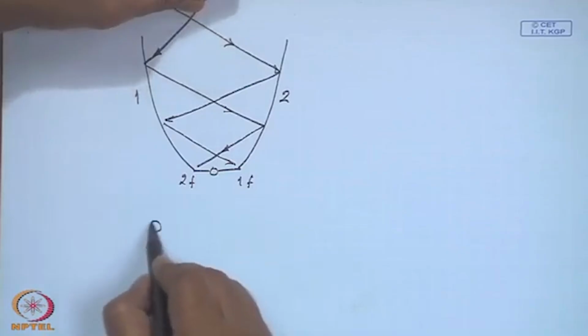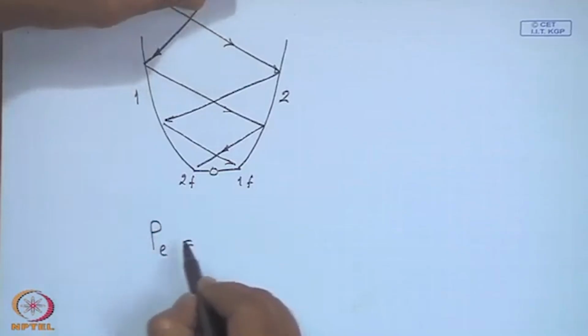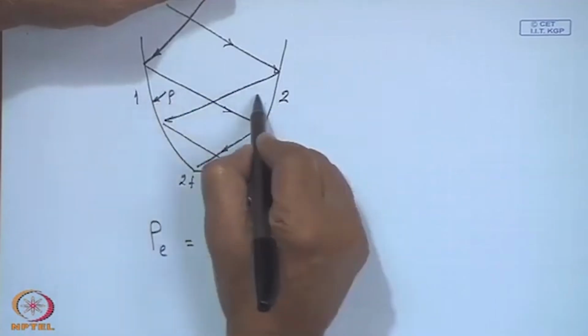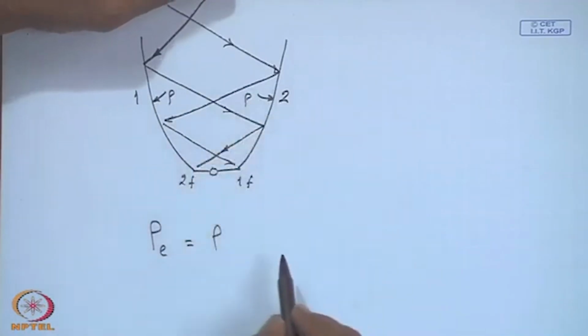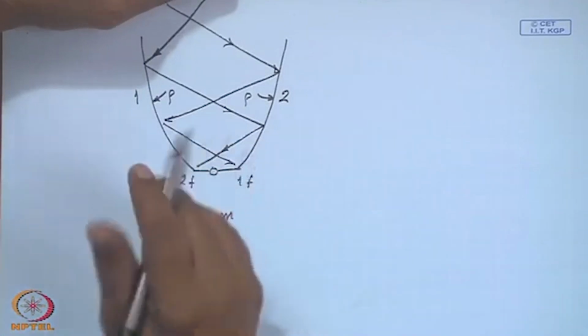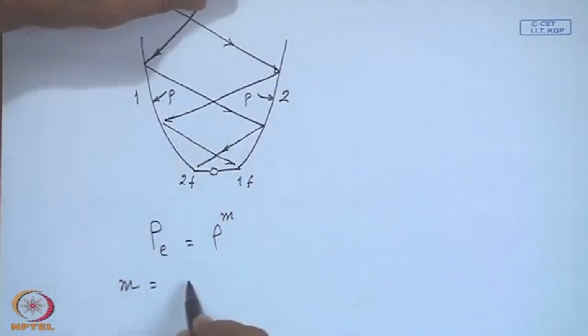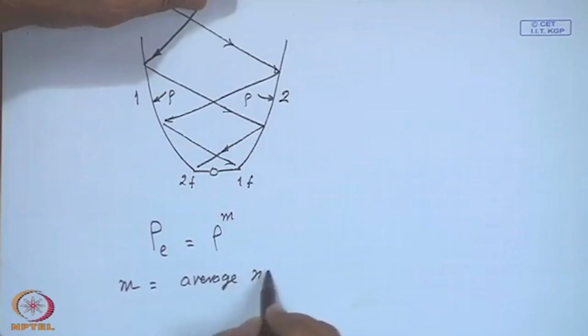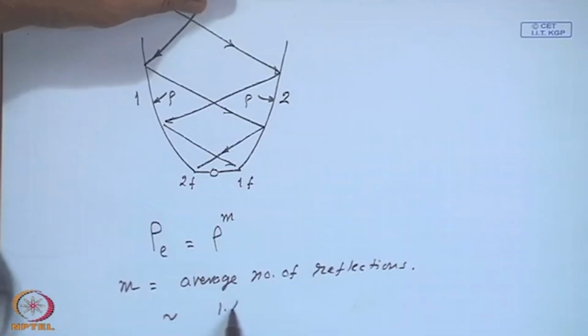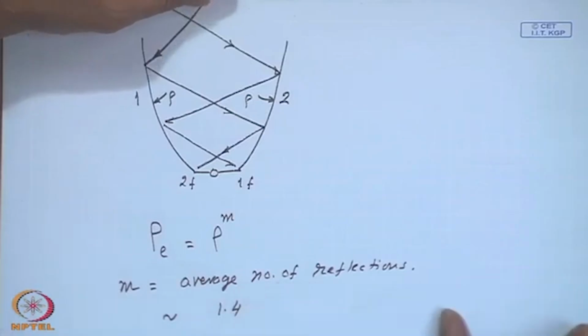People have found rho effective should be related to rho of the surface, that is the reflectivity of the surfaces, to the power m, where m is the average number of reflections. This is found out to be about 1.4, 1.5, right.